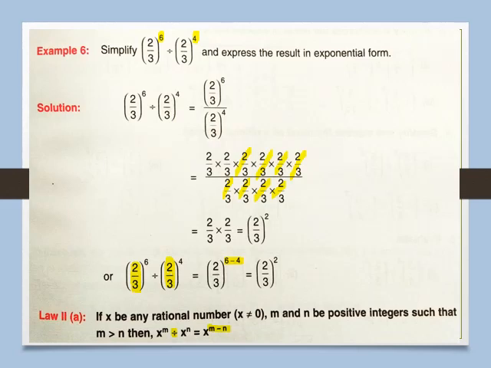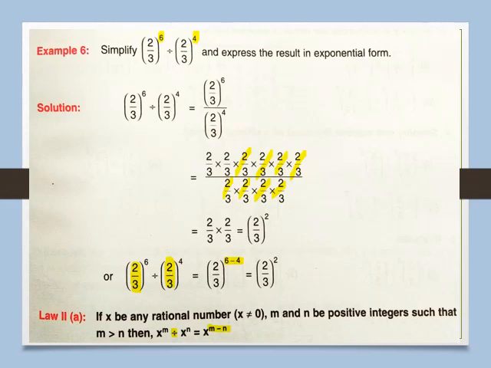Now rational numbers are there. Here the powers are 6 and 4. The base is the same, that is 2 by 3. So if you do it again, you have to cross these how many times? 4 times, because the denominator contains four 2 by 3s. So these four 2 by 3s get cancelled with the numerator's four 2 by 3s.